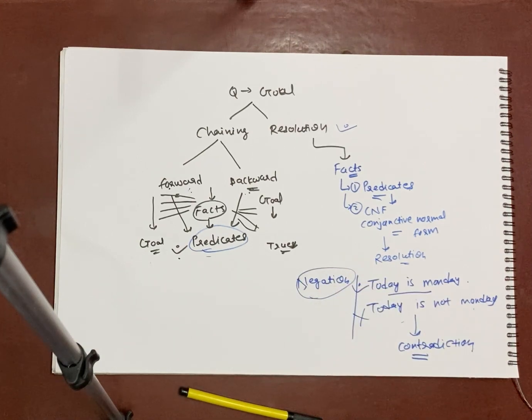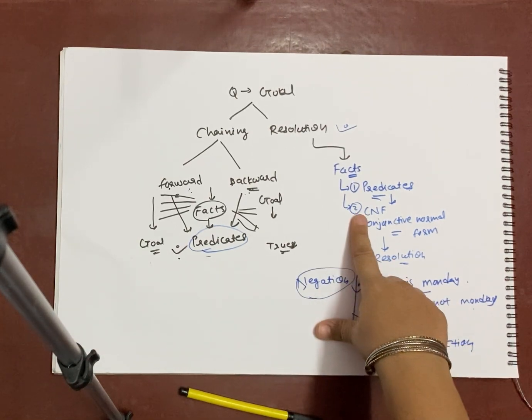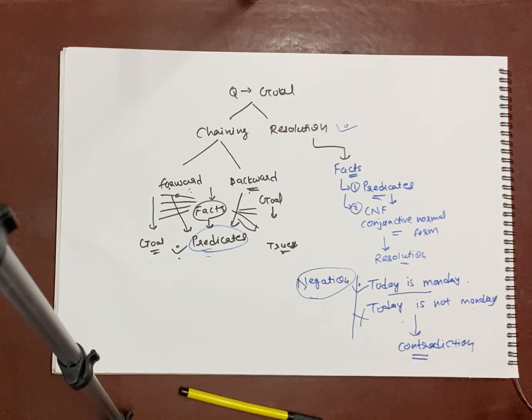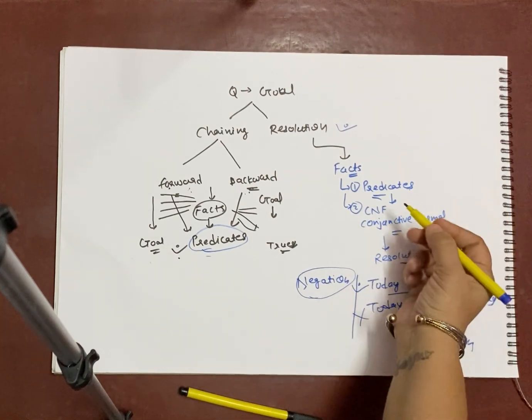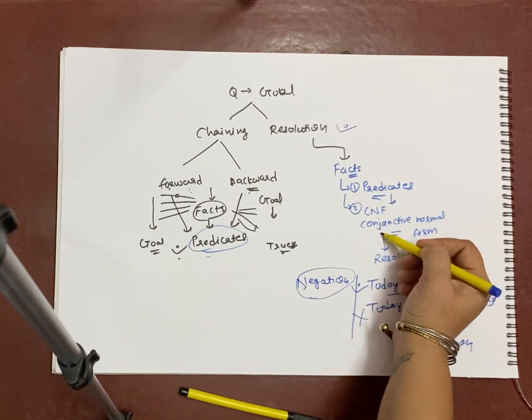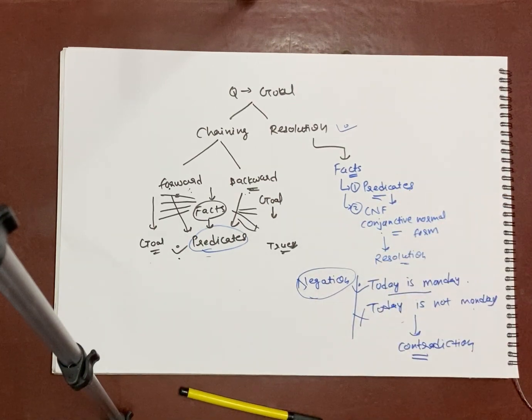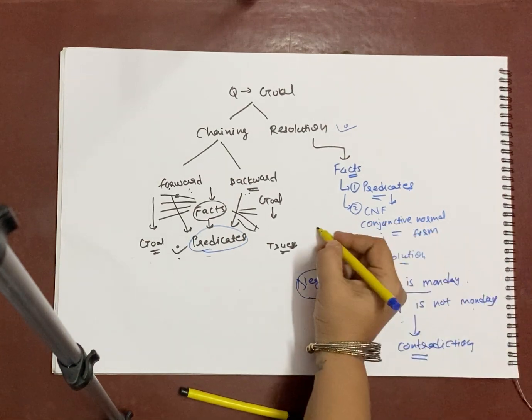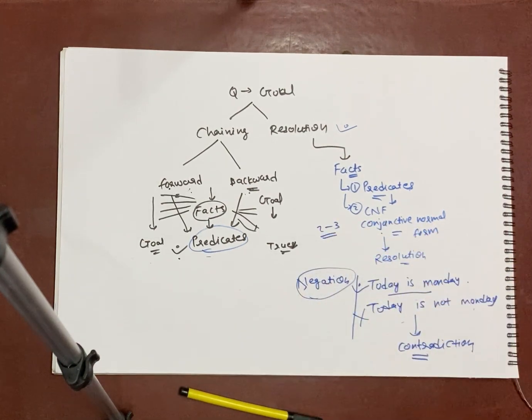Now how we have to apply negation and how we have to use conjunctive normal form, we are going to discuss now. In the last lecture we already discussed the algorithm, or steps, used for converting predicates to CNF form. There were some 9-10 steps, out of which 2 to 3 steps are very useful and will be applied in all the examples.